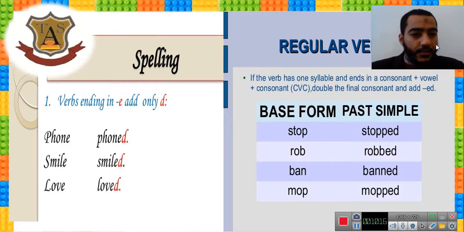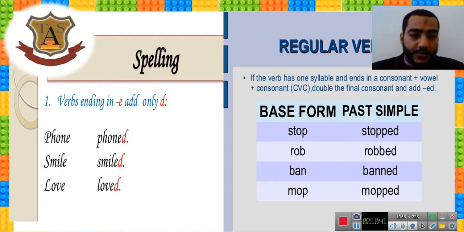And here is another revision about CVC, or consonant plus vowel plus consonant verbs, and how we add ed. We have stop, becomes stopped. We doubled the letter P here. Rob, robbed. Ban, banned.